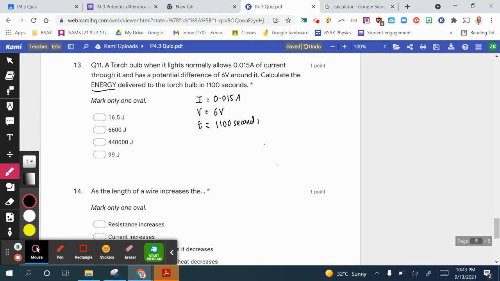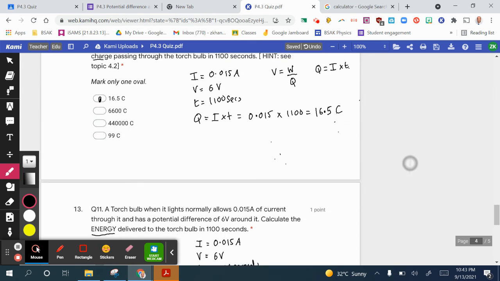Now we want to work out energy. So how much energy or work done? Sometimes we use the letter W as well. So the amount of work done. Do we know a formula that connects these that has energy in it?